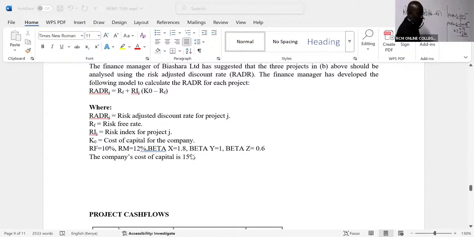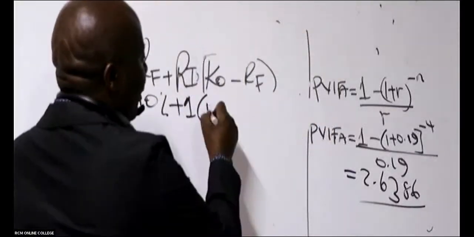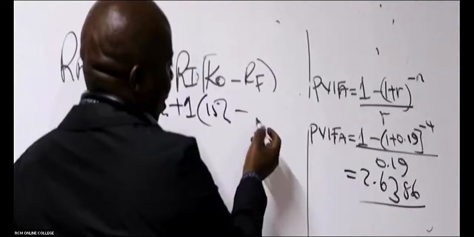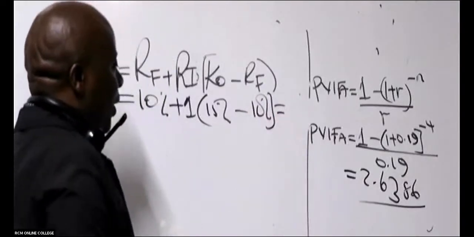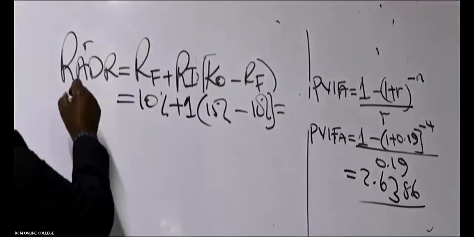The risk index for project Y, beta Y, is 1.1, into KO, the cost of capital of the whole farm, which has been given as 15%, minus risk-free, which happens to be 10%.